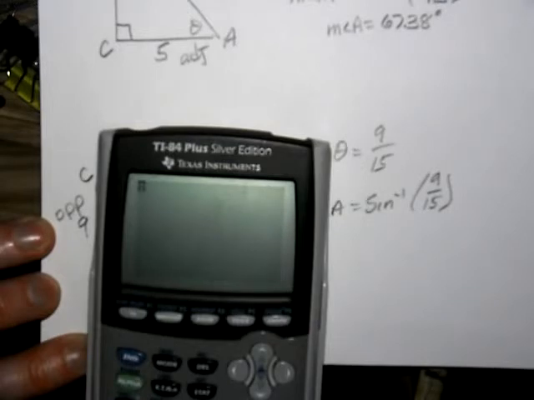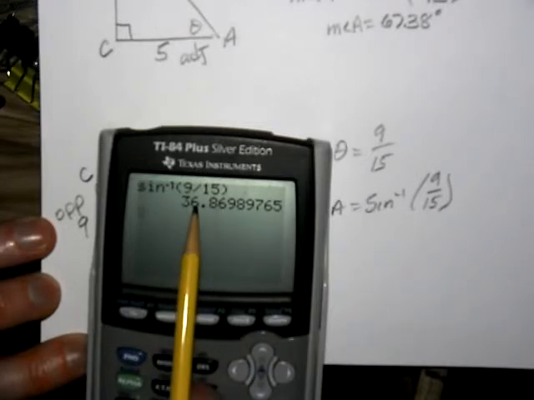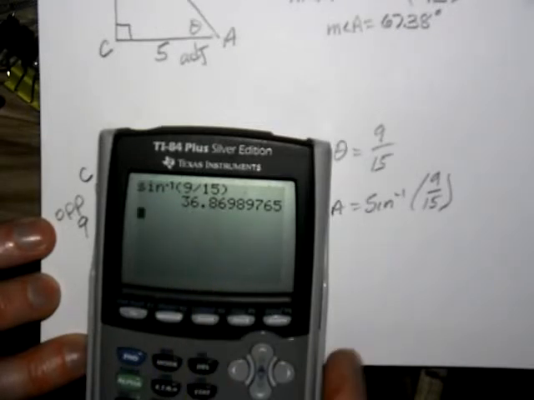So second sine, sine -1, which is sine inverse, of 9 divided by 15 gives us 36.87.